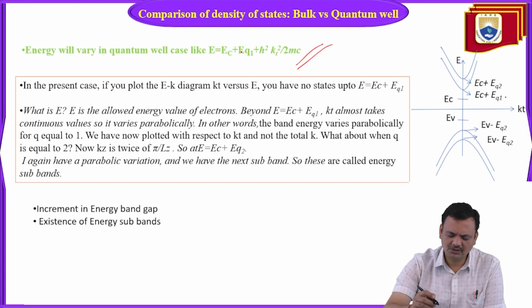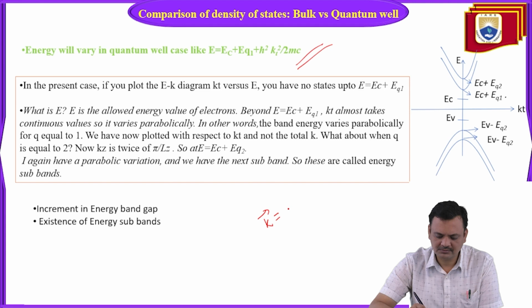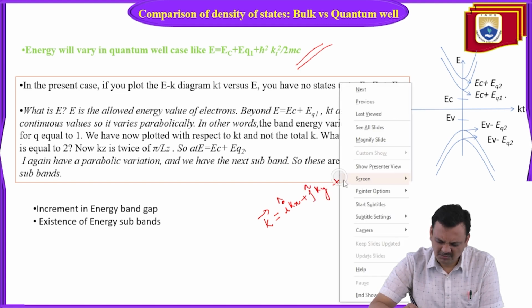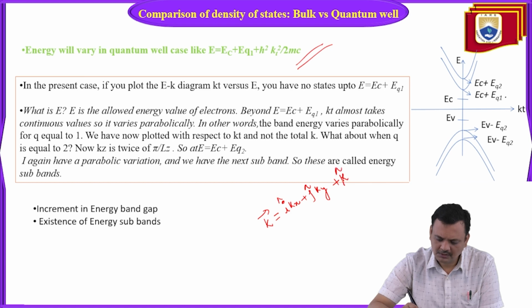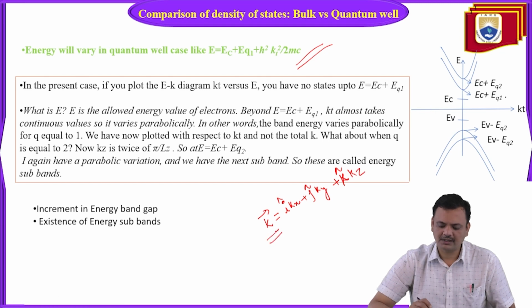EQ1 means this EQ. The wave vector k can be written as i kx plus j ky plus k-cap kz, where kx, ky, kz are orthogonal components of the wave vector k.